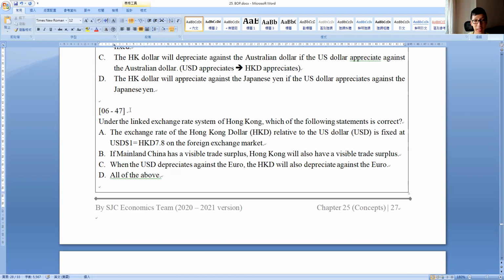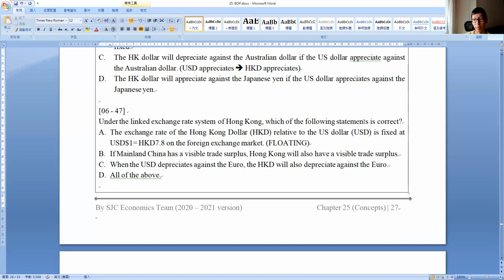2006, question 47. Under the linked exchange rate system, the exchange rate relative to USD is fixed. The foreign exchange market, I've said many times, is floating. So A is not correct. So D is also not correct. Now B, if mainland China has a visible trade surplus, Hong Kong will also have a visible trade surplus.